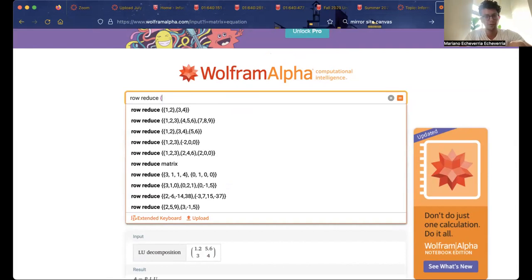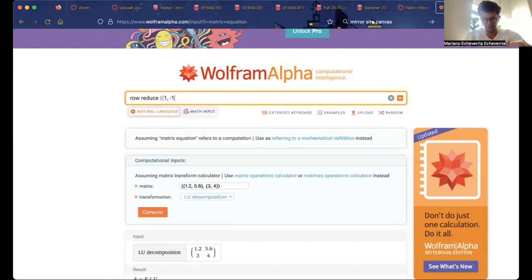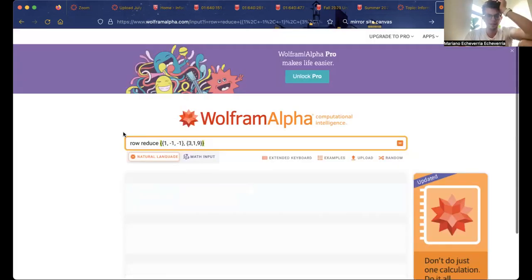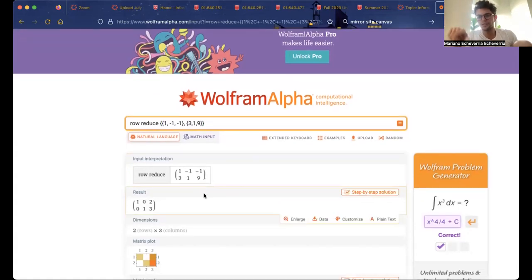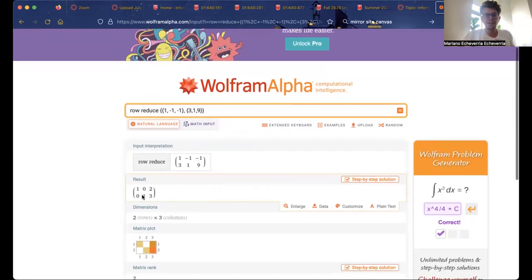The coefficients we had were 1, -1, -1, 3, 1, 9. You'll see there's no way to put the vertical line in Wolfram, so the last column refers to the coefficients of the vector B. The first 4 are the coefficients of the matrix, and the last 2 are the coefficients of the vector B, and it gets to the identity followed by 2, 3. So that's actually what's going on.